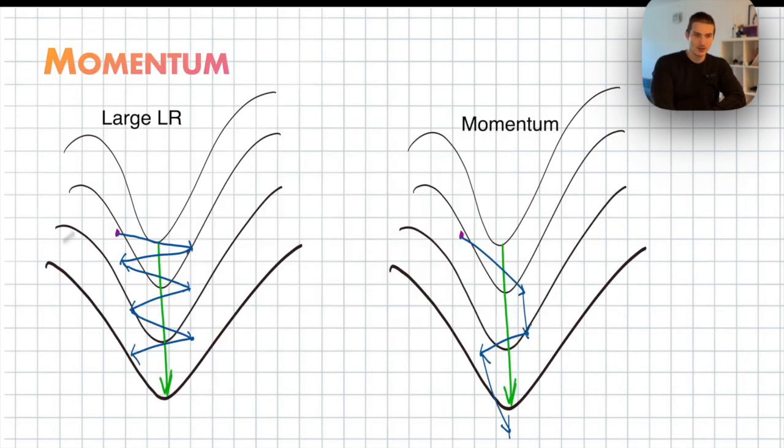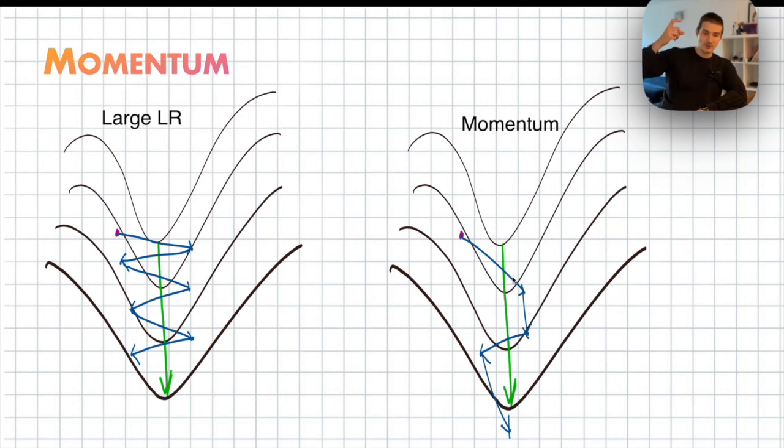And so if we look at our 2D picture with the 2D surface that we had before, now with the momentum, it will look something like this. We also start on the ridge. The gradient still points somewhere on the other side of the ridge. So we jump and we overshoot.